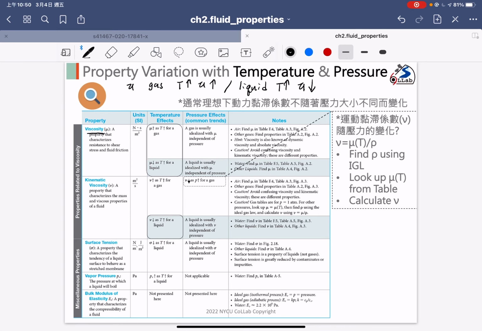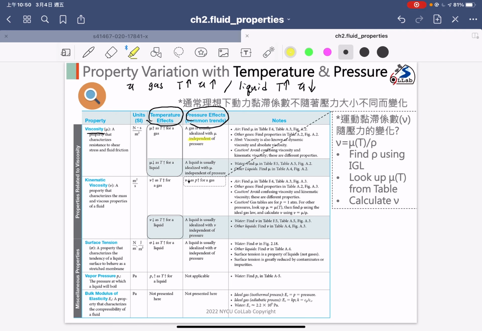And with more movement, that means the viscosity is decreased. Okay, so this is also only focused on the temperature effect, but the gas and the liquid show totally different trends. So you need to keep it in mind. And the pressure effects on the viscosity are independent.